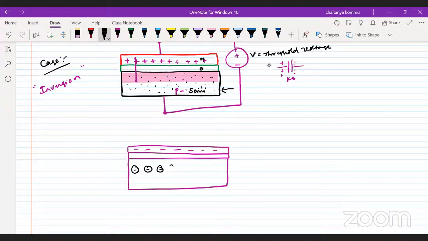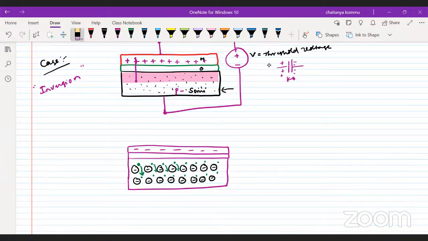So these are the acceptor ions, and each and every ion is equipped with holes, right? Sorry, these are the electrons. The moment you apply the negative charge on top of the plate, these electrons move towards the ground side, the bottom side.